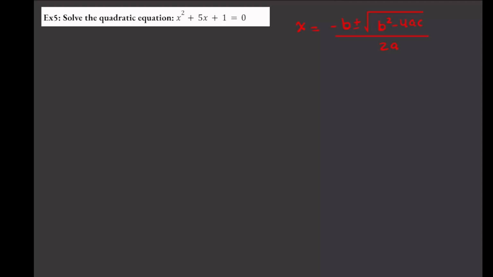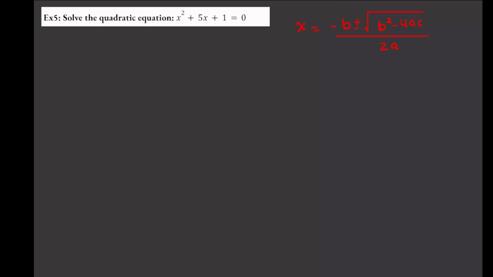Now right here, the reason we are going to be using the quadratic formula is that if I want to go by factoring, it's hard to factor this function. The reason is that the only multiples that multiply to a times c, which is 1, are 1 and 1.